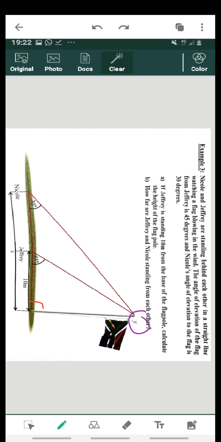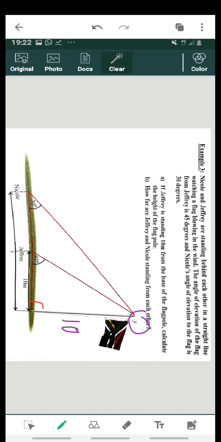Well done. Now, we found that the length of the flagpole is 10 meters. Having said that, let us move on to B.